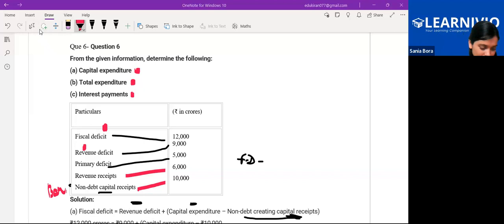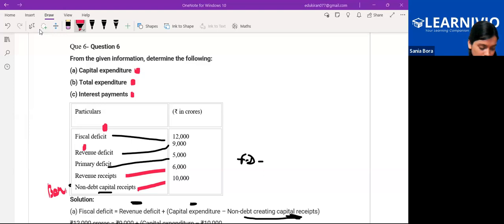So then this answer will be... 1200, 900, 10. So it will be 900, then plus capital expenditure is not given.